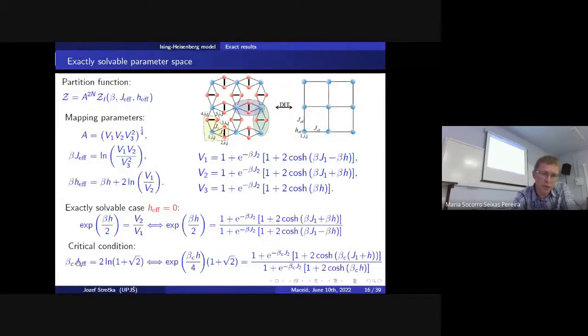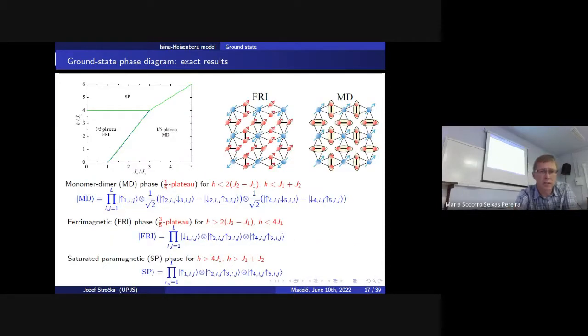And moreover, if we satisfy this condition and the effective temperature equals the critical temperature found by Onsager, we can also get critical points, of course, of the Ising universality class, and the condition for this critical temperature is shown here explicitly. So we found an exact solution even in non-zero field, and we are able to study the phase transition in non-zero magnetic field.